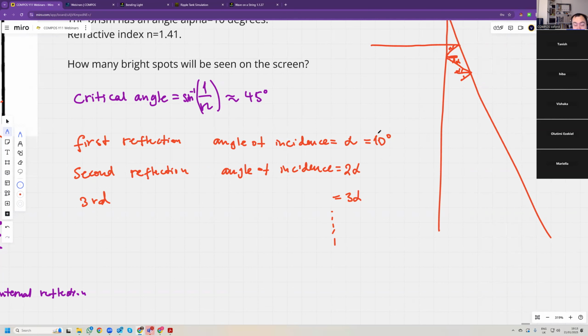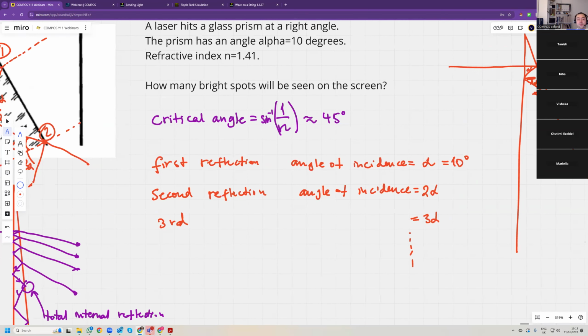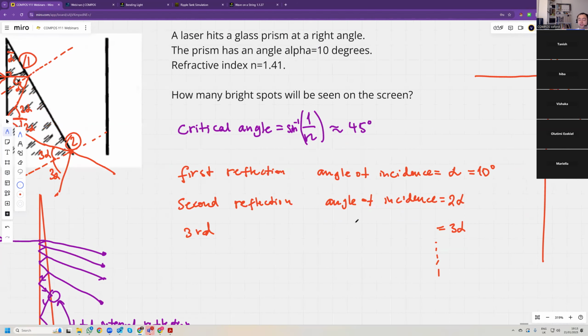But alpha is 10 degrees. And the criteria is if the angle of incidence is less than the critical, you have refraction. So you have a bright spot. If the angle of incidence is greater than the critical, then you have no refraction. You have total internal reflection. So 20 is fine. 30 degrees, fine. 4 alpha, that's 40 degrees, that's fine.